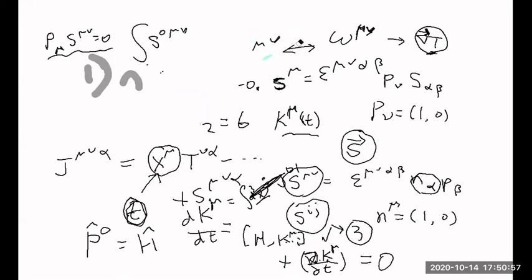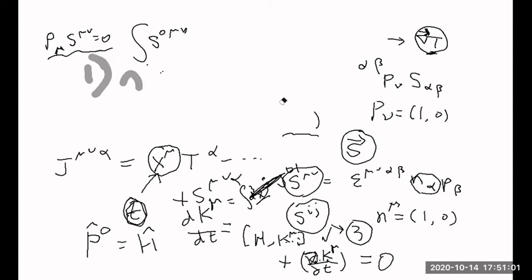If I remember correctly, this polarization formula for a lambda particle having momentum p is given by epsilon mu beta p nu and omega alpha beta, right, which is a sum over... Yeah, right.